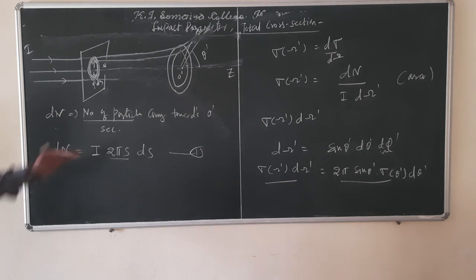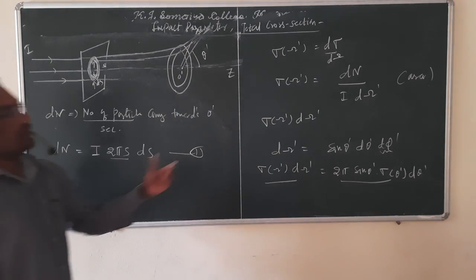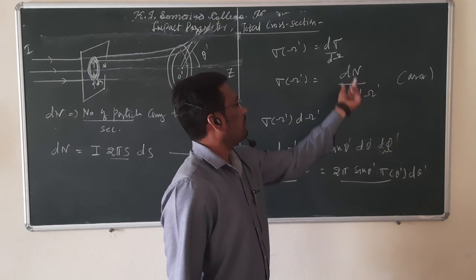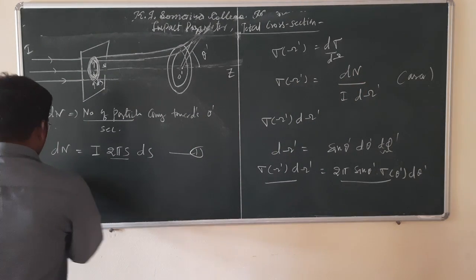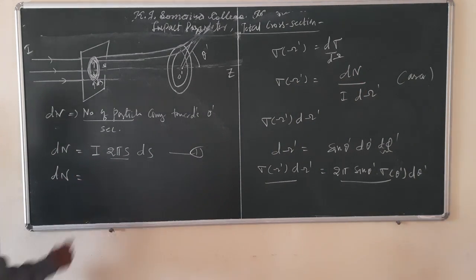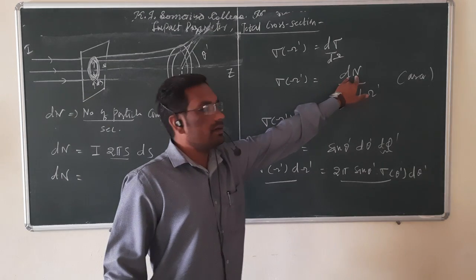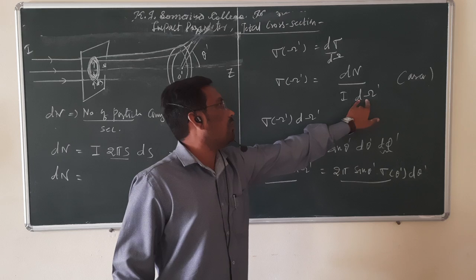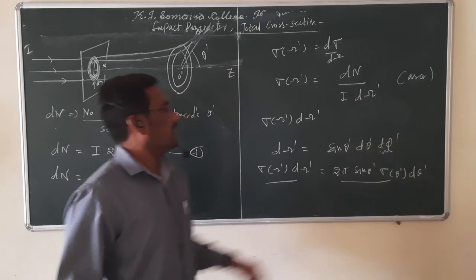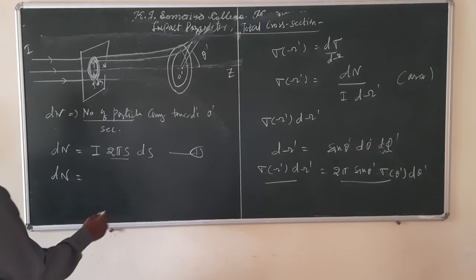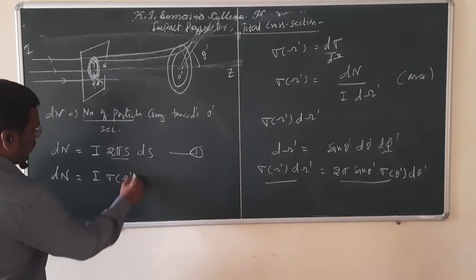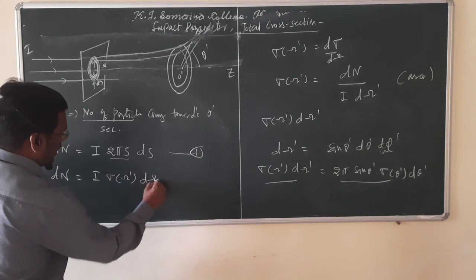Now from the previous section, we can write dn as the number of particles scattered in the given solid angle d omega dash. So dn is equal to I into sigma omega dash into d omega dash.